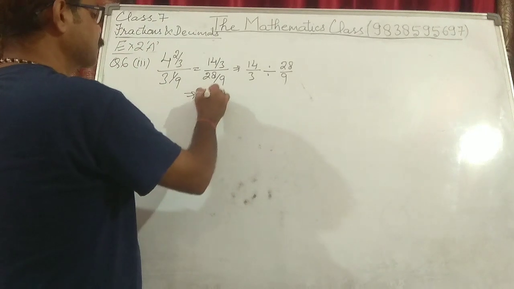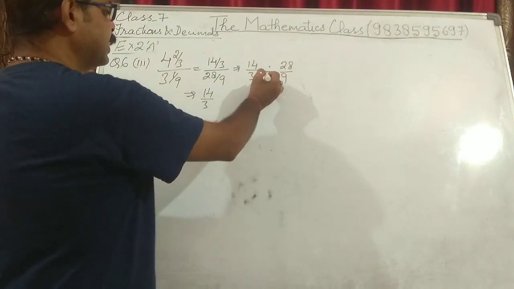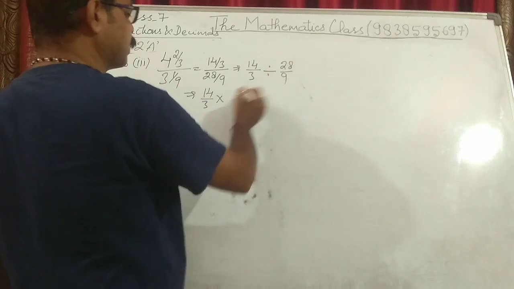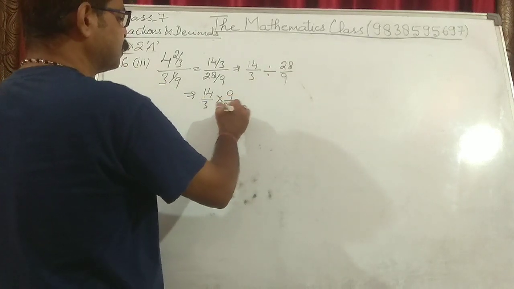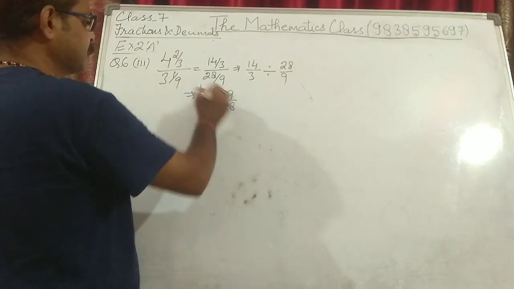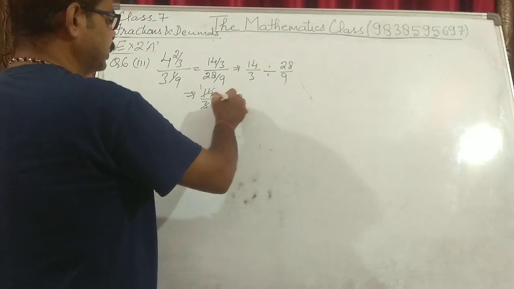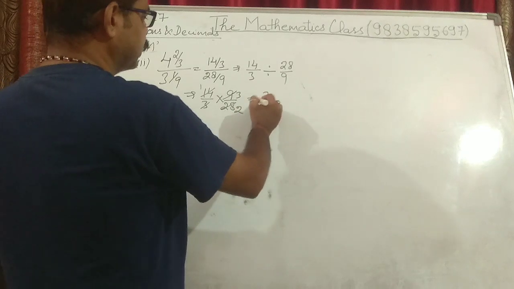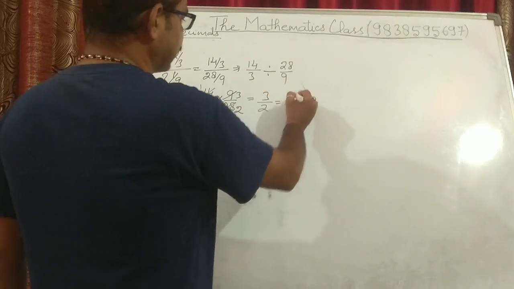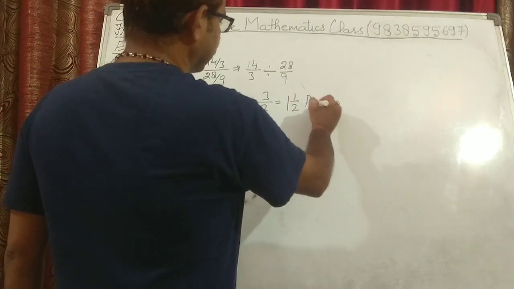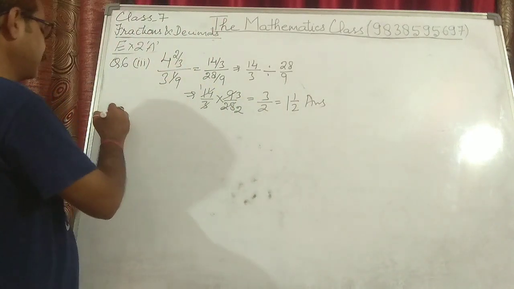That can be written as 14 upon 3, division changes to multiplication, 28 upon 9 changes to 9 upon 28. Now 14 ones are 14, 14 twos are 28, 3 ones are 3, 3 threes are 9. So we got 3 upon 2, 3 upon 2 can be written as 1 whole 1 upon 2. That is the final value.